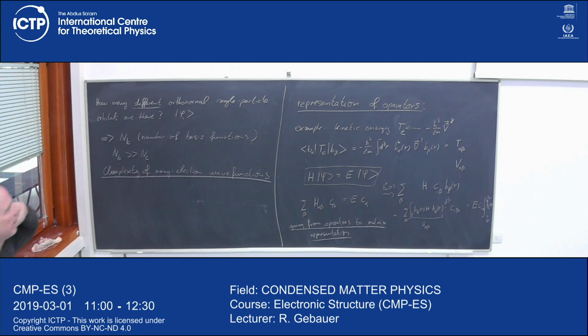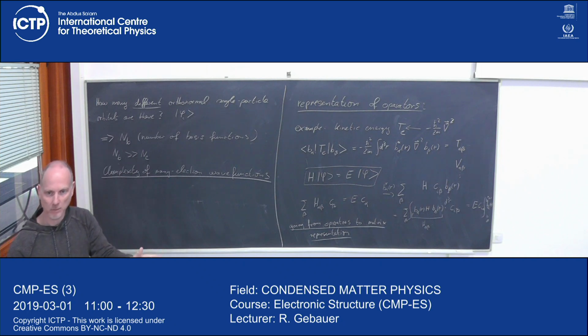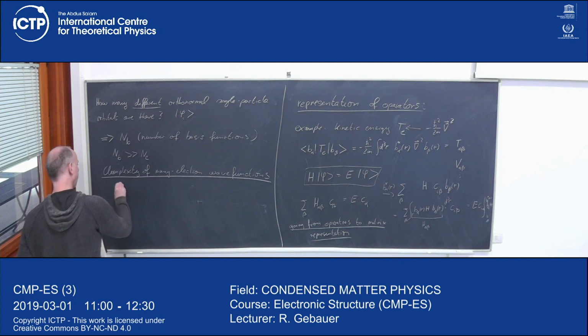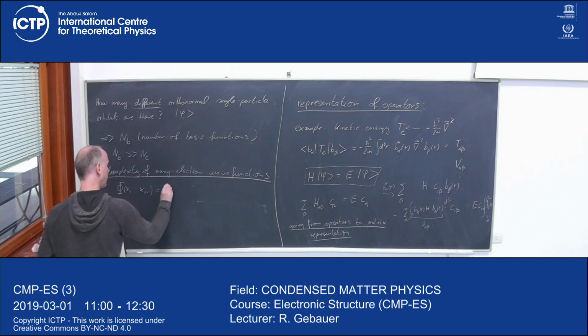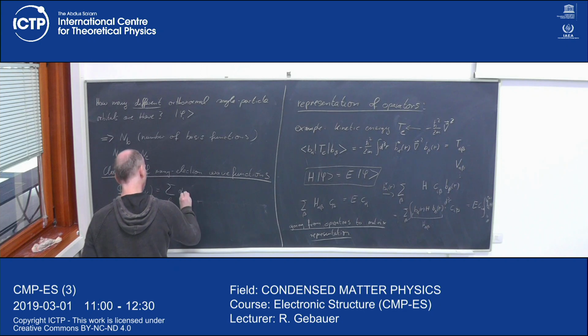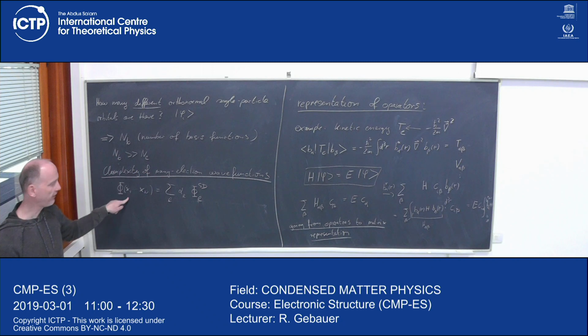For each Slater determinant, I choose NE orbitals out of the NB, and I plug them together in the determinant. So my total many body electronic wave function of x1 to xn will be a sum over L, alpha L times Slater determinants L. Okay? So this is the most general many fermion wave function I can write for n electrons.